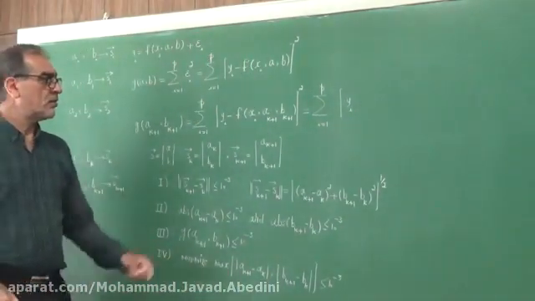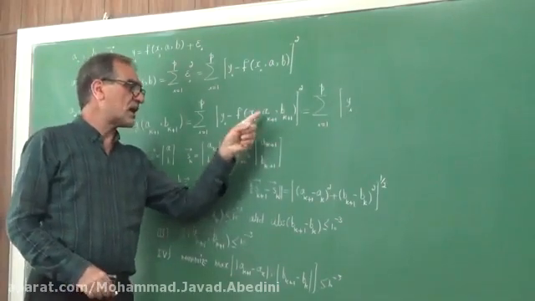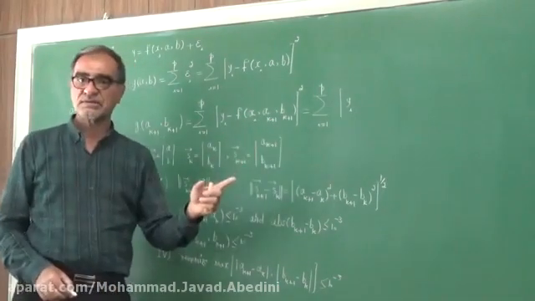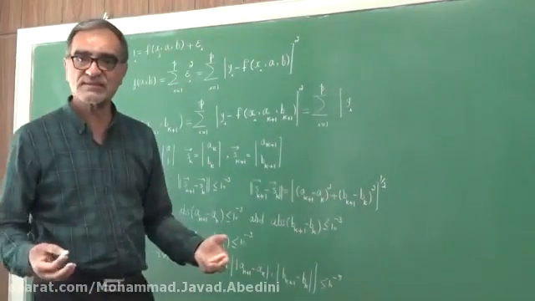What I'm going to do is to expand this around X_i, A_k, and B_k according to Taylor series expansion.